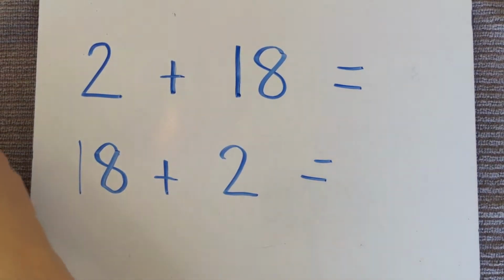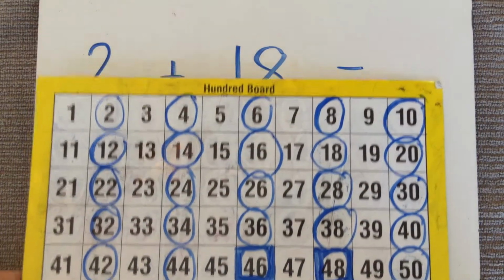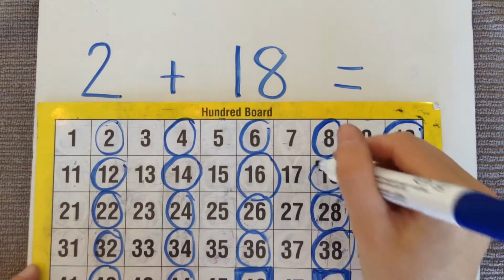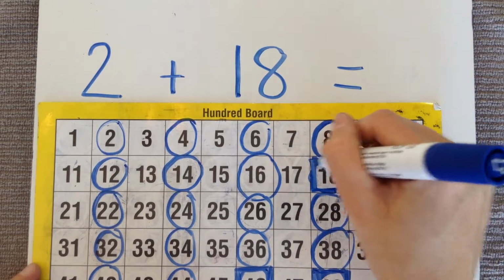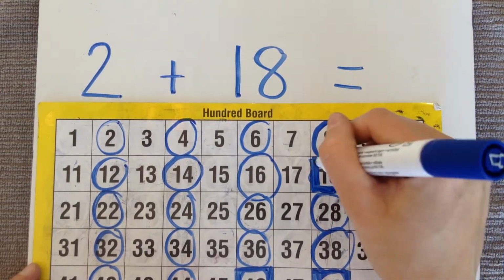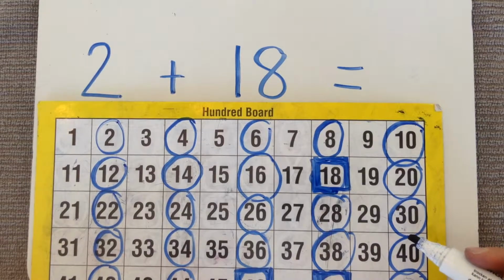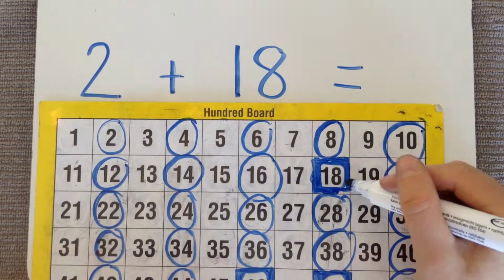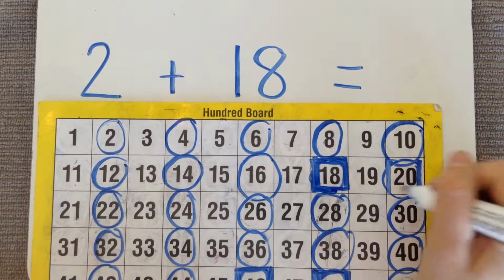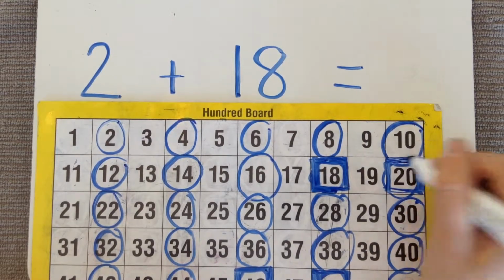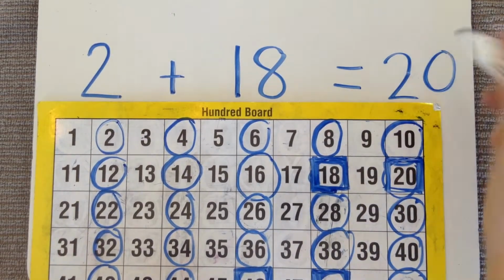If we look at our chart, find the number 18. That's where we're starting. What will be the next number that you say in your skip counting by twos pattern? 18, 20. That gives us our answer.